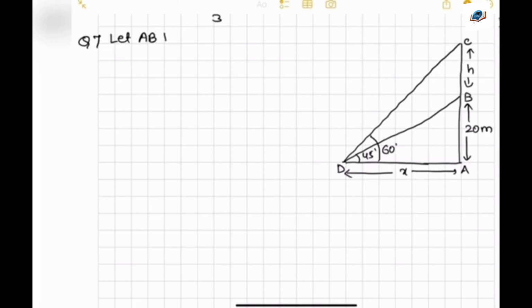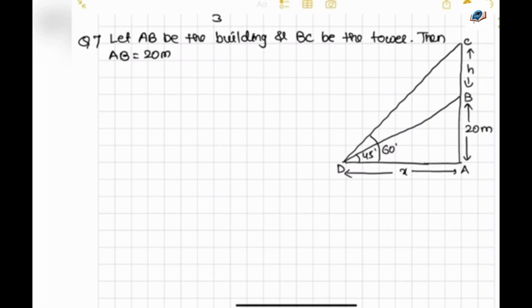So here, let AB be the building and BC be the tower or the transmitting tower, then AB equal to 20 meter, because they have said that the building is 20-meter high, and angle BDA will be 45 degree and angle CDA will be 60 degree.